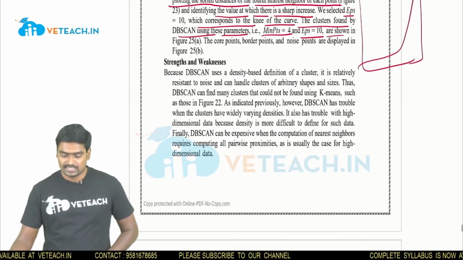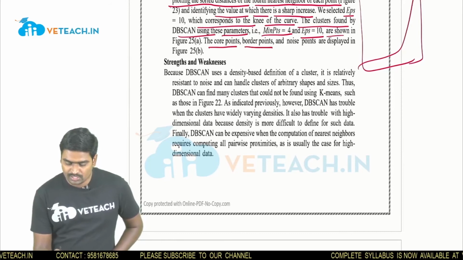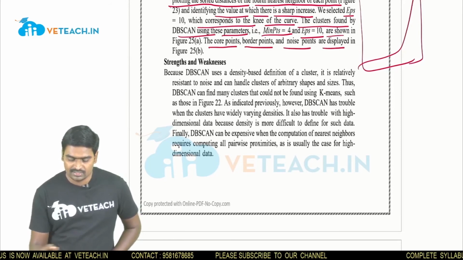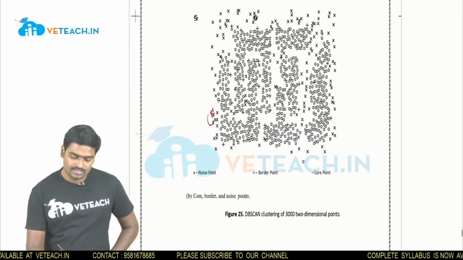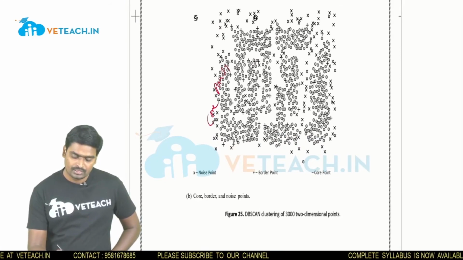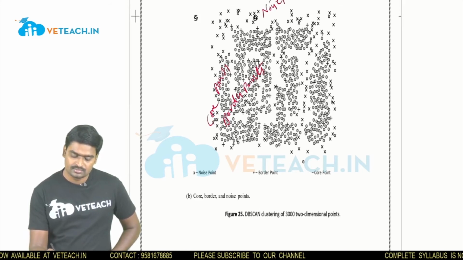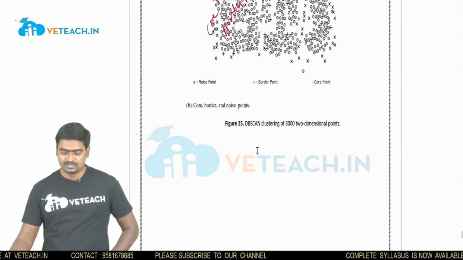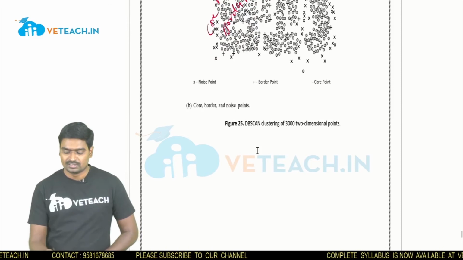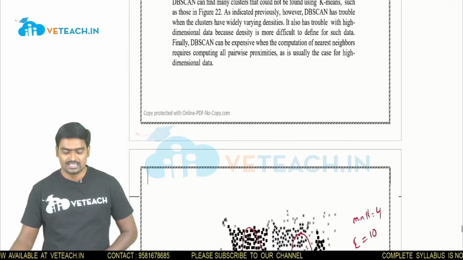Next, the core points, border points and noise points are displayed in the second diagram. These all are the core points, border points and noise points. So this is DBSCAN clustering 3000 two-dimensional points.